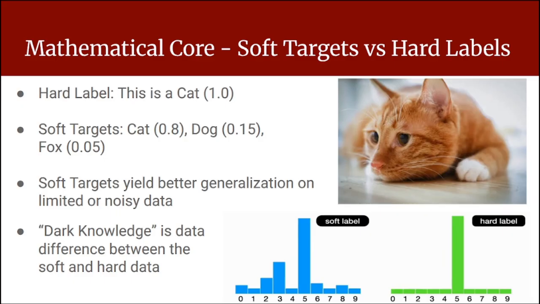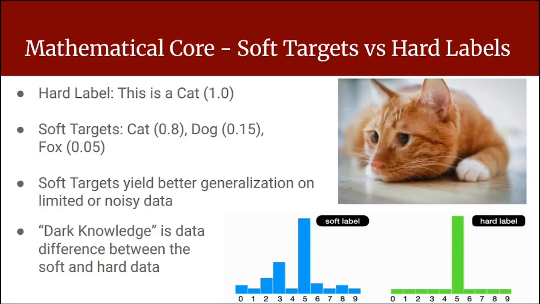All right, let's start looking at some of the mathematical concepts behind knowledge distillation. In standard supervised learning, we train on hard labels. So, for example, looking at this image of a cat, we would say this is a cat with 100% certainty. In distillation, the teacher provides soft targets, which are probability distributions. So we might see something more similar to cat, 0.8, 80% chance it's a cat, 15% chance it's a dog, 5% chance it's a fox.